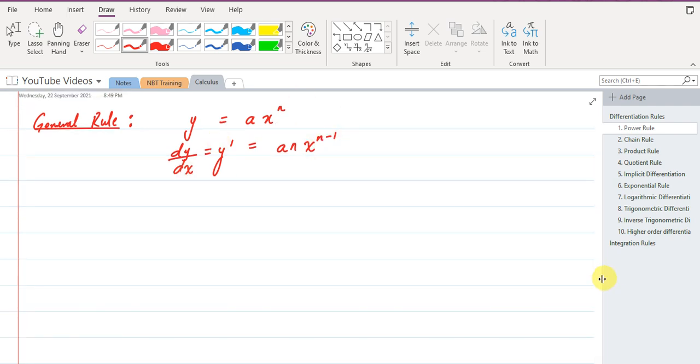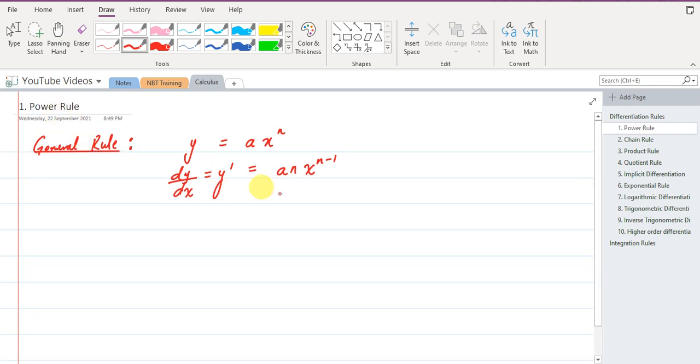So basic rule. Since it is the power rule, you need to know basic rules of exponents and surds. So let us just revise through exponents and surds quickly.